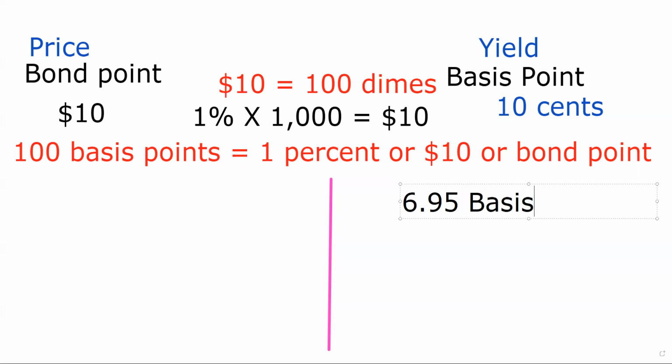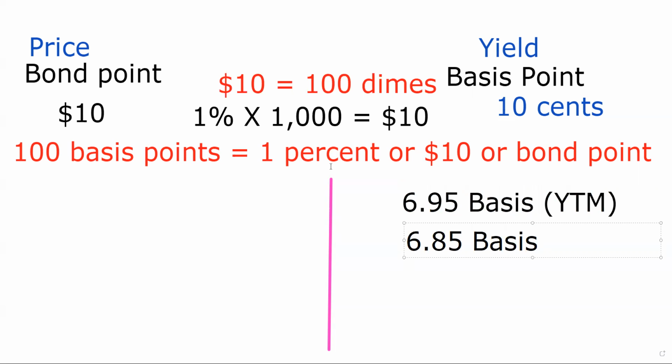And remember, basis is the fancy word for yield to maturity. So every time I hear basis, I'm just going to, in my own mind, go, okay, that's what that means. And it says a 6.85 basis. And again, we'll put that there.